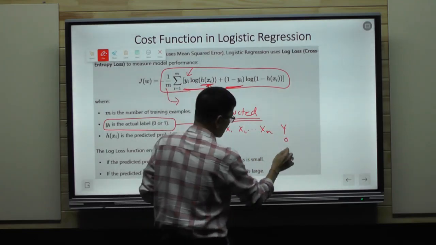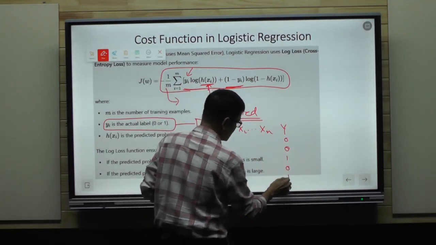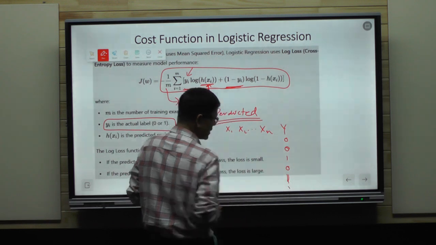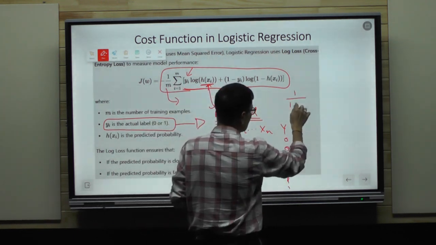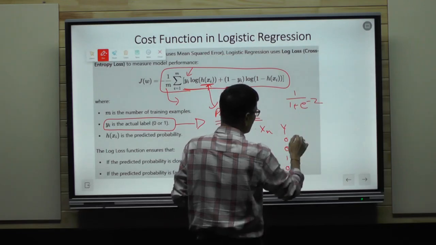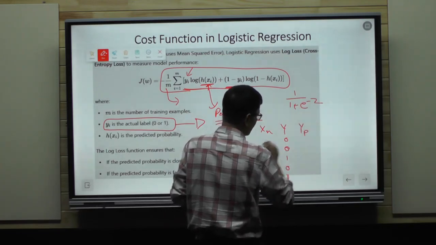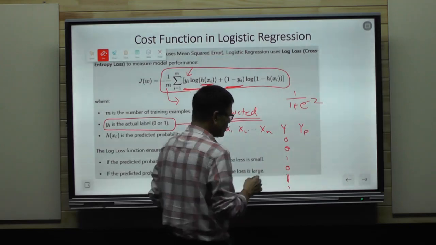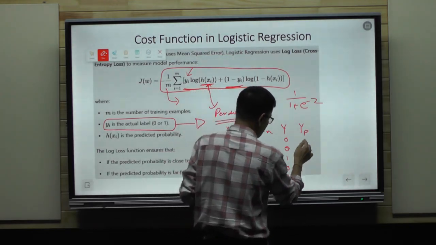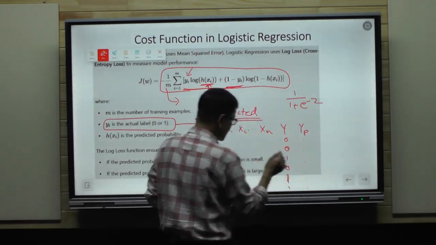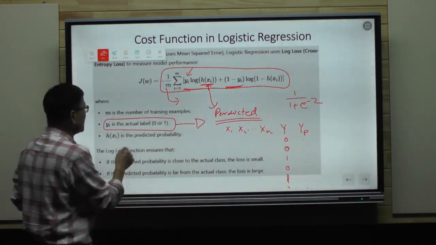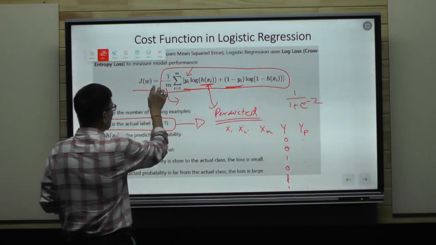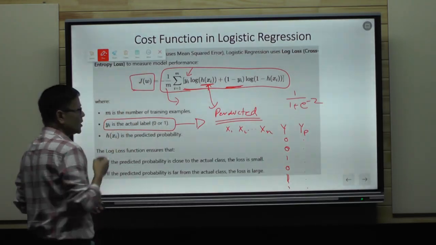So over here the output is given 1 0 1 1. Now you calculate by using the formula 1 upon 1 plus e to the power minus z, y predicted. So by using the y predicted, you will have certain values. Once those values are found out, you can calculate the loss or the log loss.